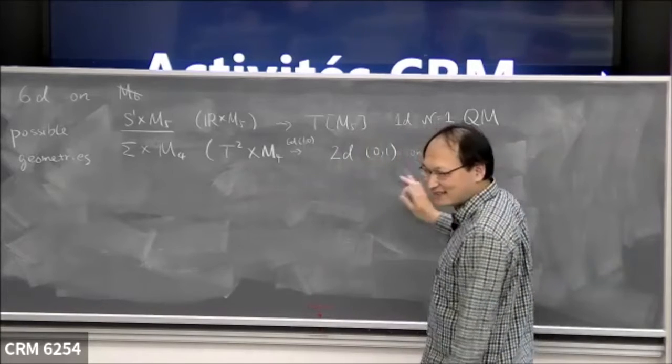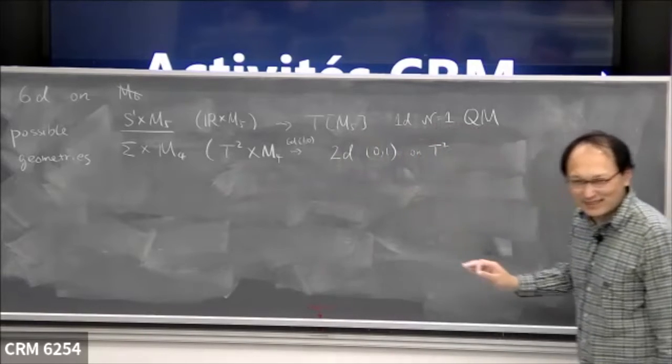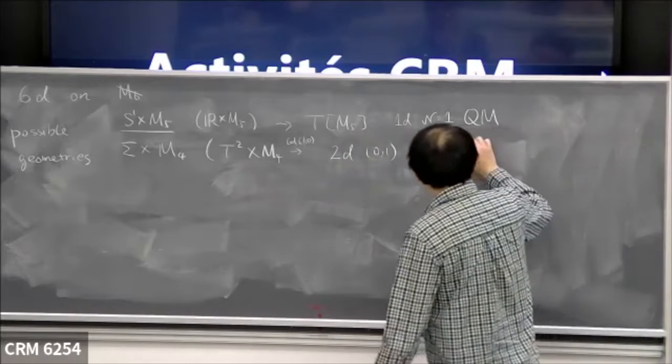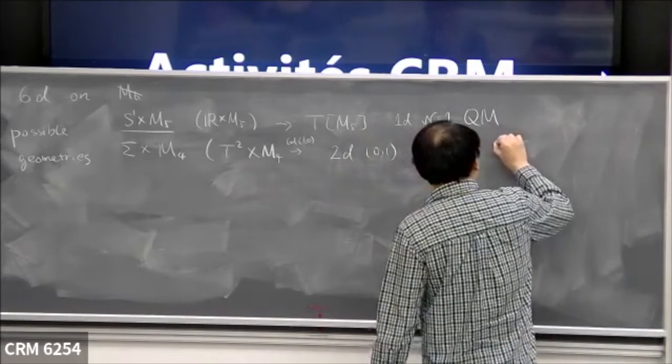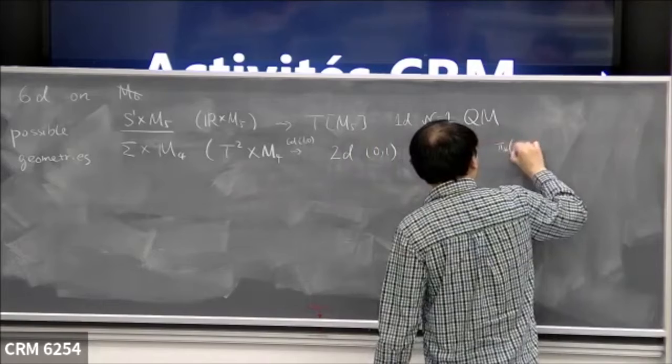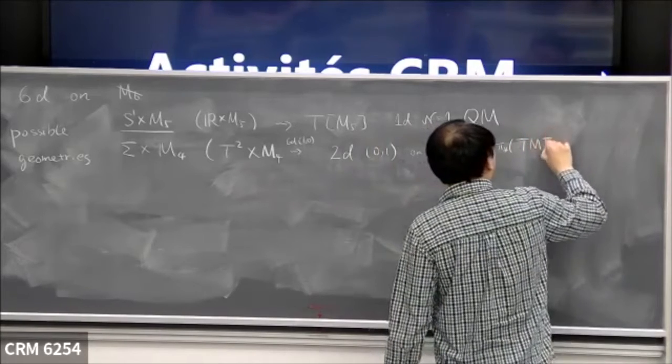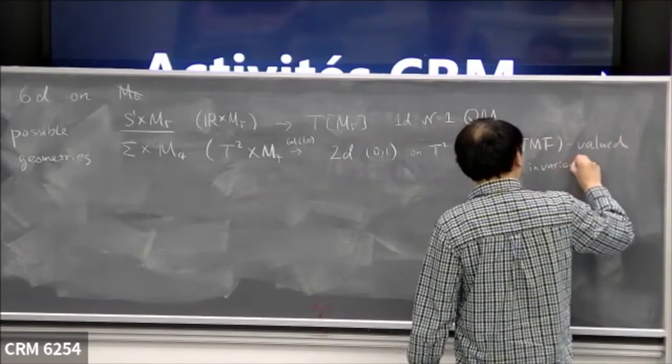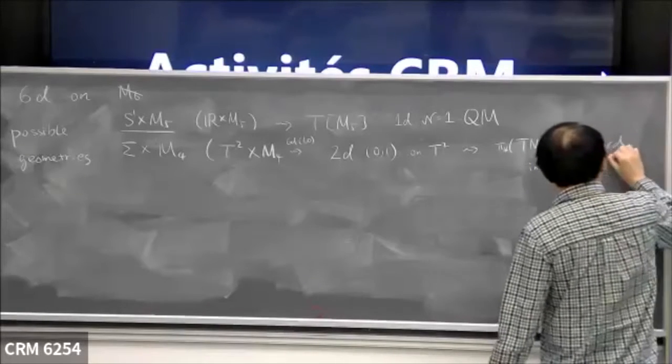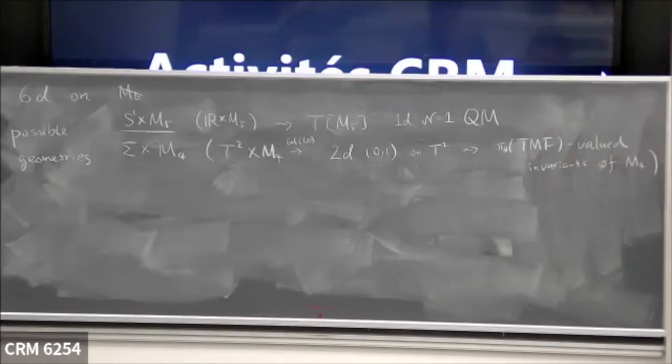Well, we can look at the TMF invariant, topological modular forms. So we have pi star TMF valued invariants of 4 manifolds. And then you can ask whether those are interesting invariants or not.